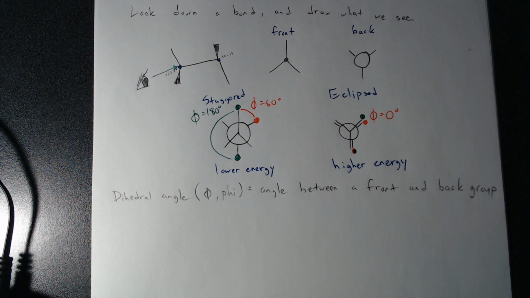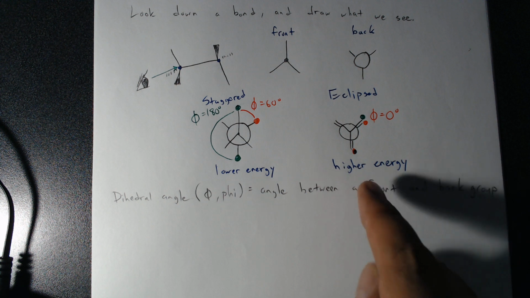Okay. It turns out that each of these possible interactions has an energy associated with it. So in order to get a full 360-degree bond rotation, there has to be enough energy in the system to push through all these energy barriers. Every time you have energy associated with these, they have an energy barrier.